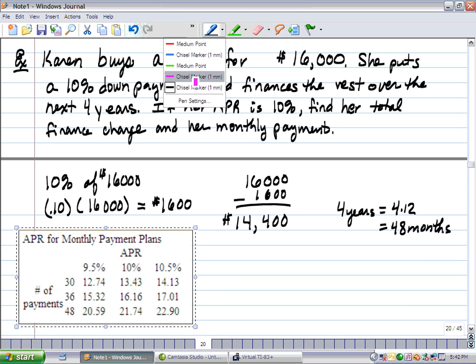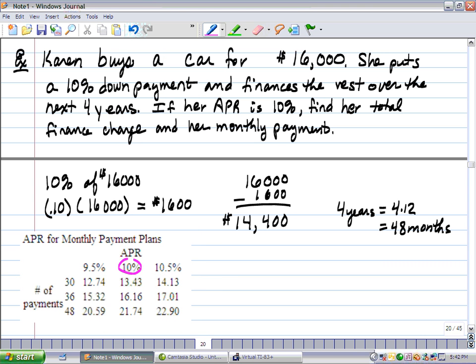So we're going to look, and we see the 10%, 48 months. So the $21.74 is going to be her finance charge per $100 of her loan.